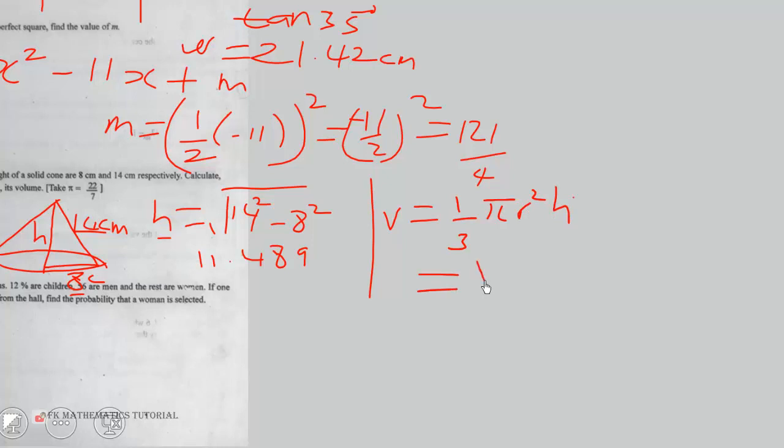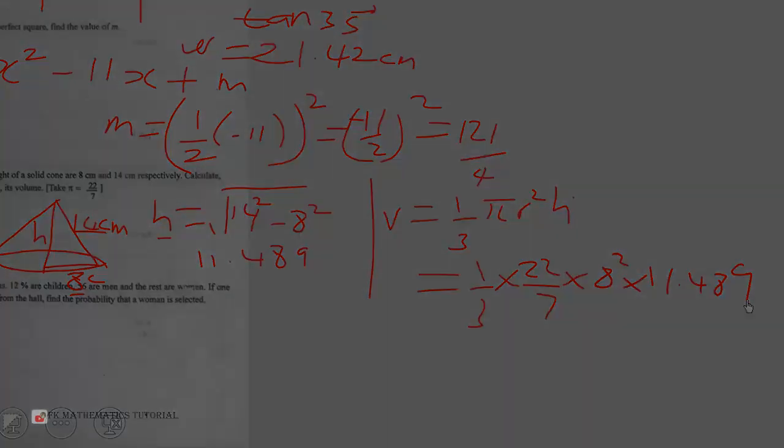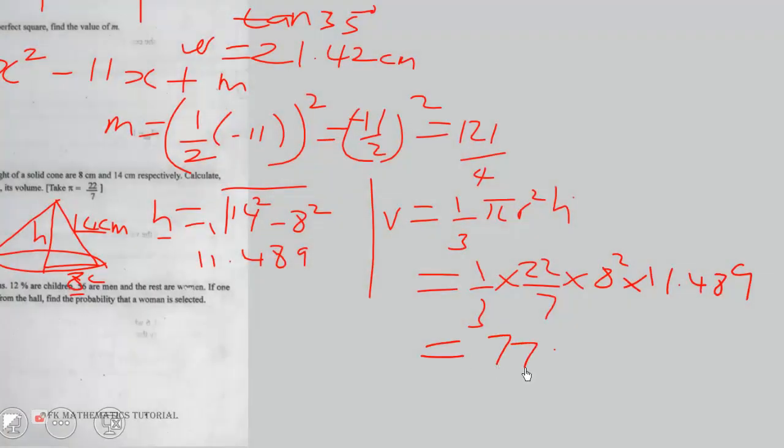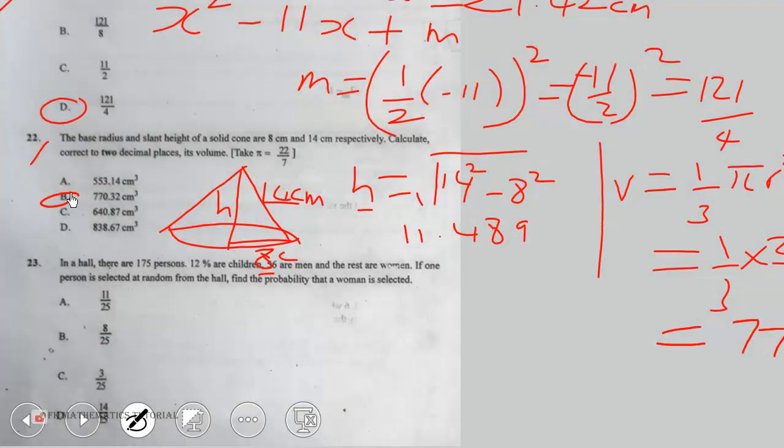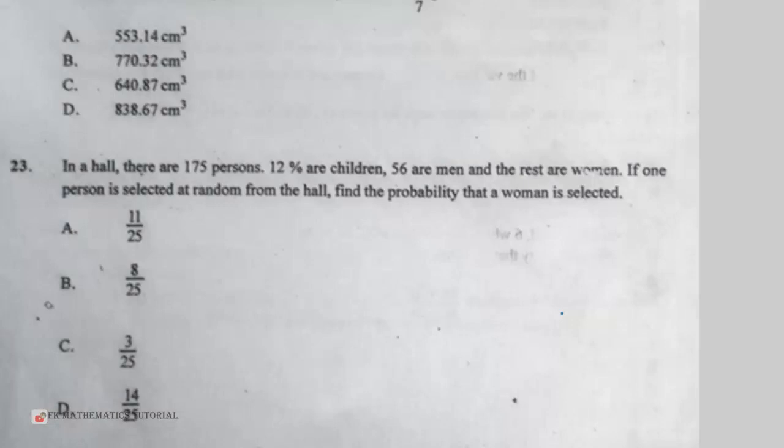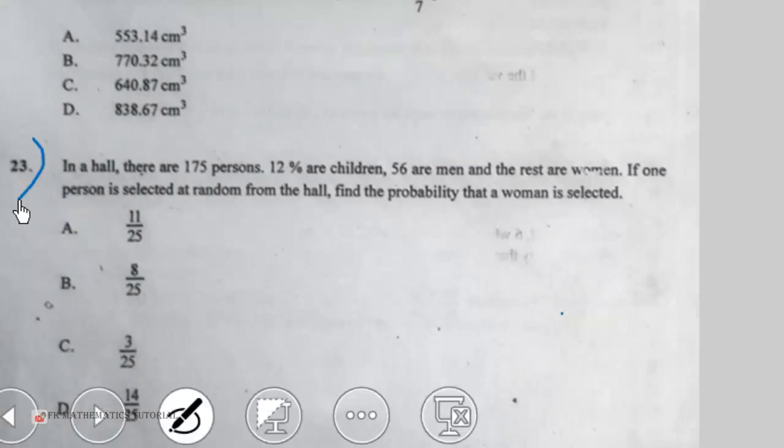So 1 over 3 times 22 over 7 times 8 squared times 11.489. So this will give us 770.32, option B.